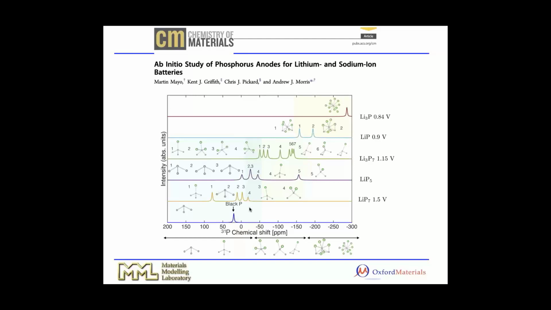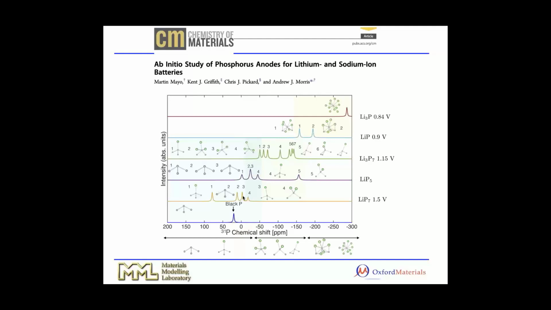And you can see, what he has done is used the Ab initio random structure searching approach to predict the structure of lithium phosphates with different lithium contents, and then taken those low energy structures and predicted their NMR spectra. Okay, so as we increase up the graph, we're increasing the amount of lithium content.